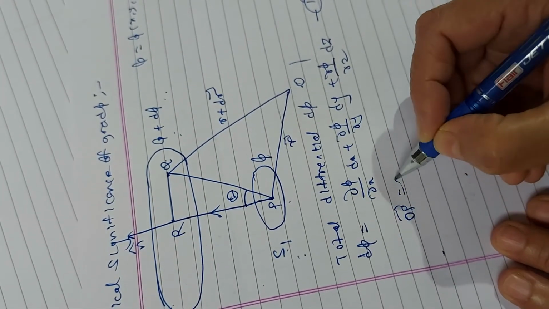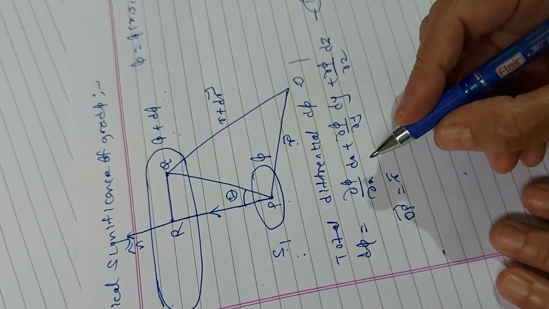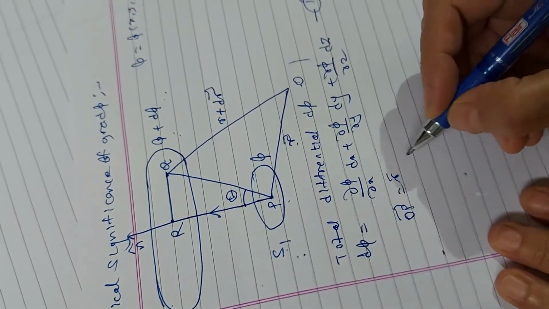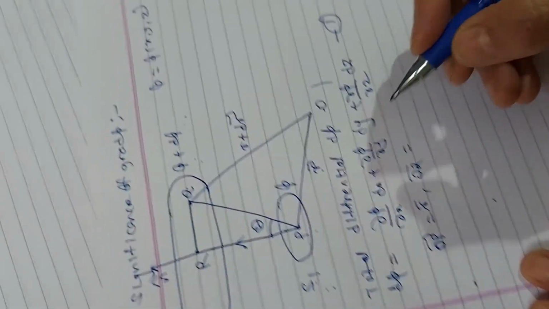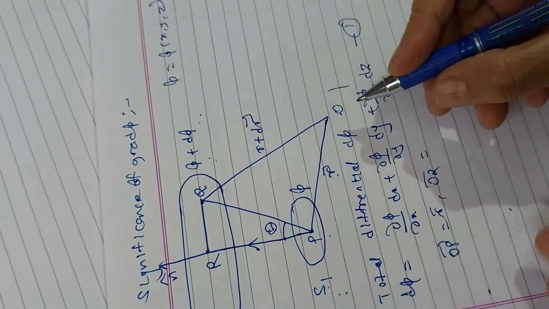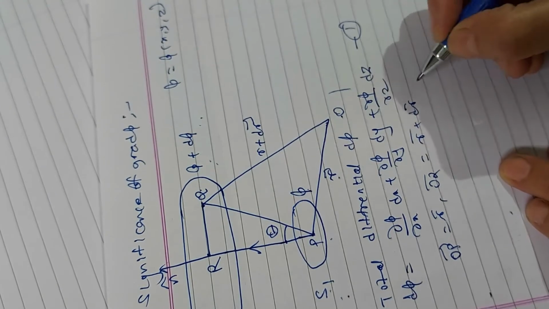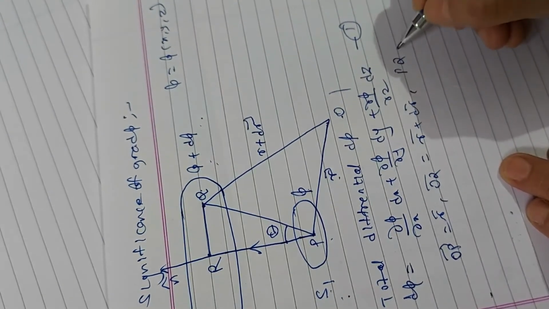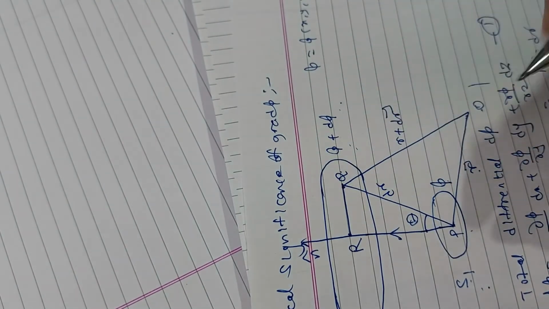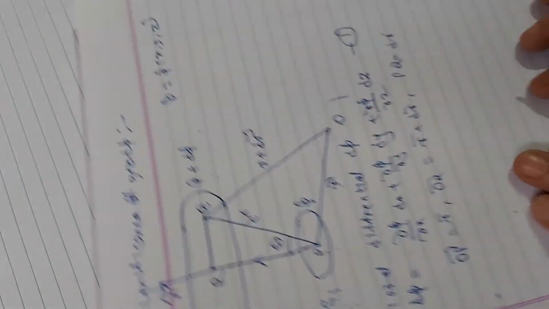Correct? Now OP, how much is my OP? OP I mentioned as r. Look at this. OQ is how much? O to Q is r plus dr. And how much is PQ? PQ we said is dr. It has to be dr, obviously. This is r plus dr, so this has to be dr. Correct?